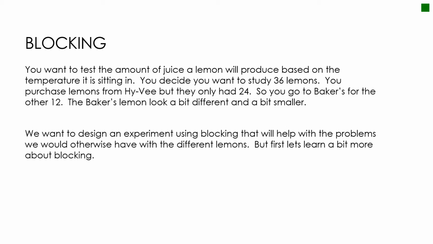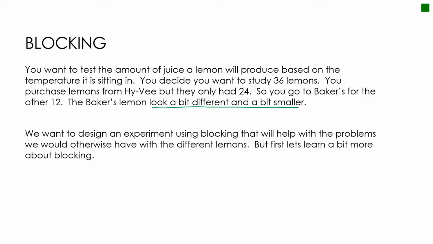I really wanted 36, so I went to Baker's, which is another grocery store, to get the other 12, but those Baker's ones look a little bit different and a little bit smaller. Because the purpose of this experiment is to determine if juice levels will change based on temperature, having a smaller lemon might affect that. That might be a problem.